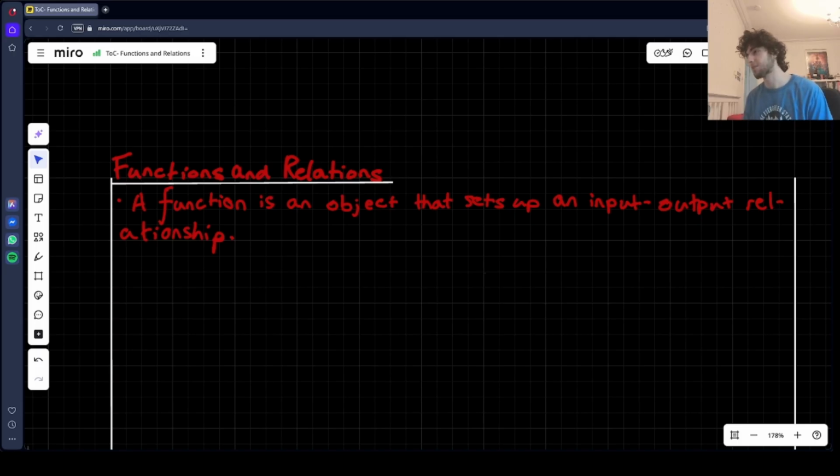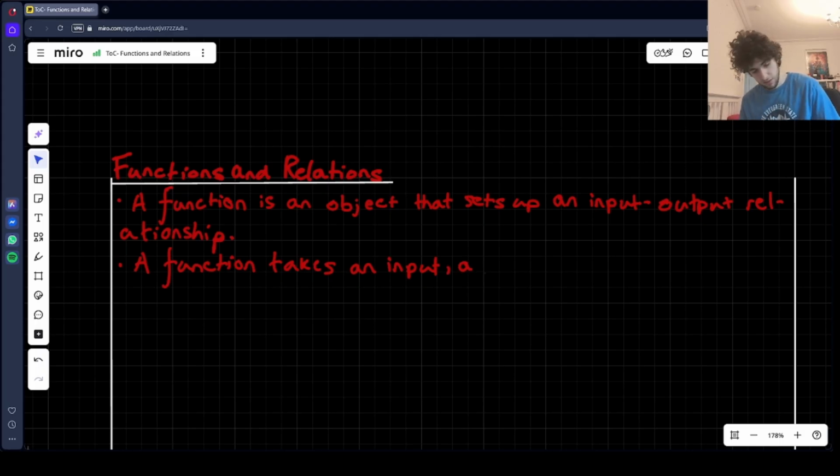And the fact that it sets up an input-output relationship is effectively me saying that a function will take an input and spit out an output, right? So basically, a function takes an input and it does something to that input, and then it produces an output, okay?